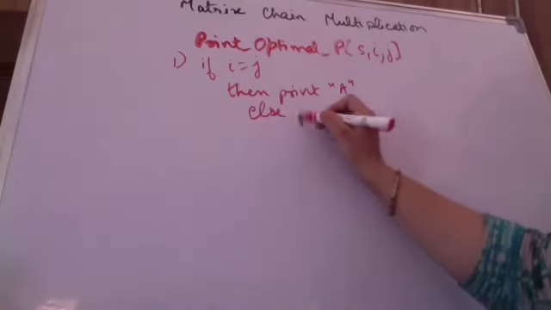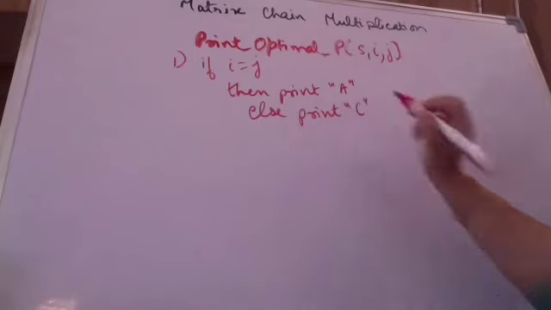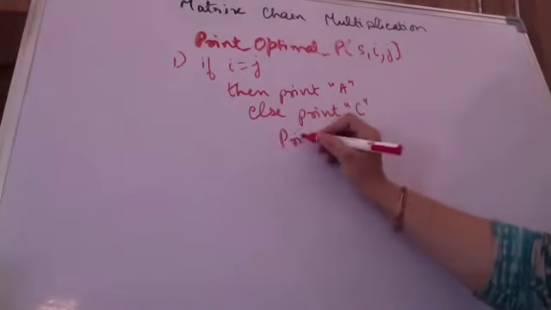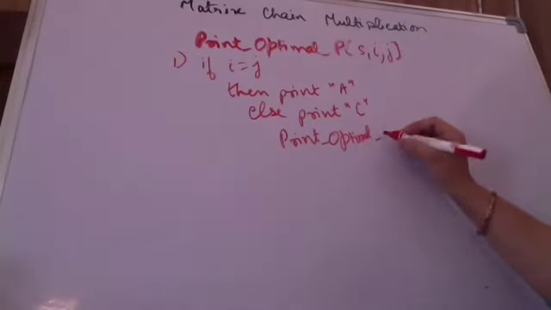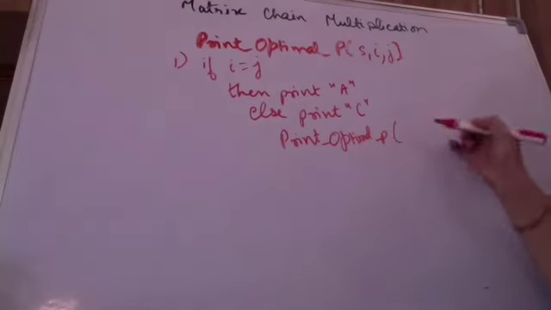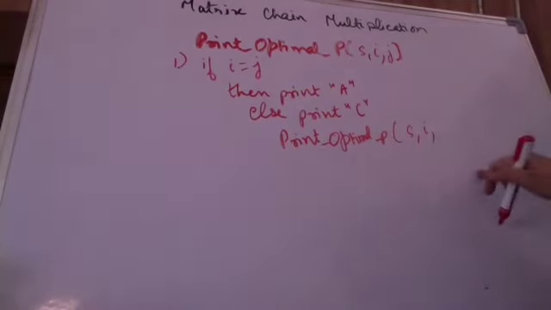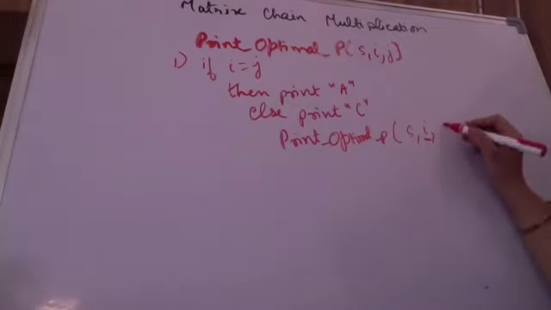Else print a parenthesis, print opening parenthesis. Find again recursively, find optimal parenthesization for, again break it from I till K and K plus 1 till J. So I'm having S from I till K की वैल्यू कहाँ से मिलेगी?